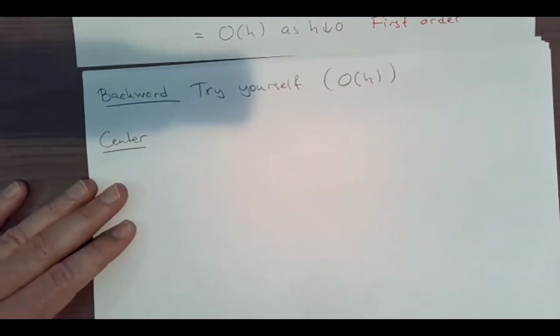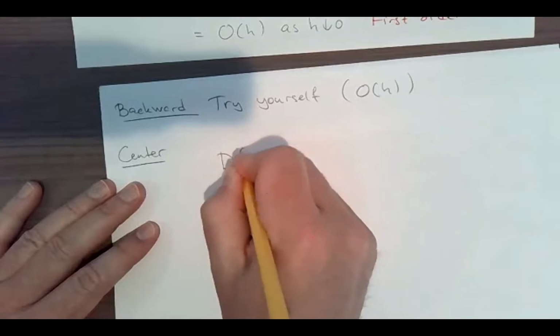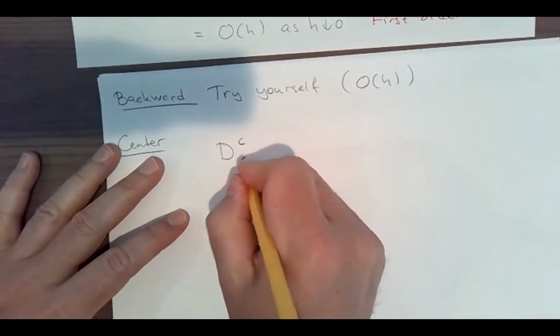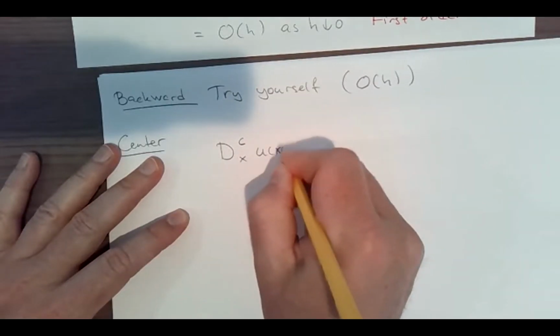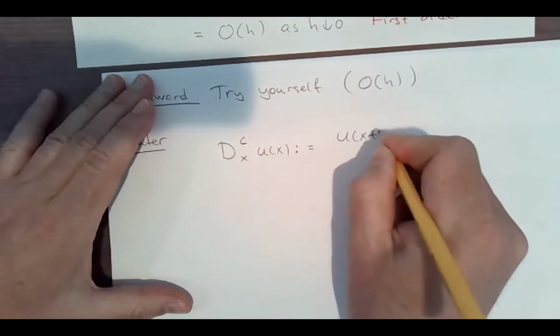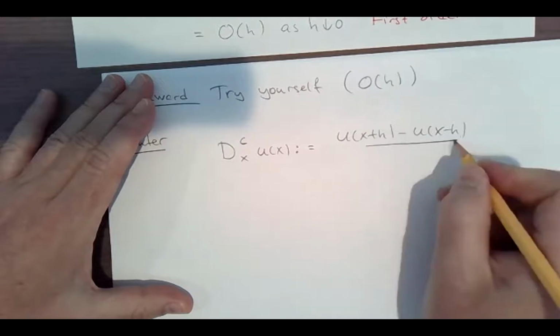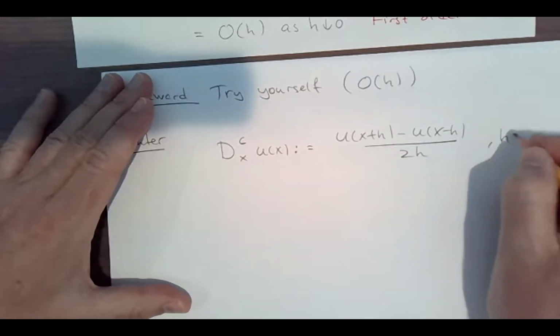Recall that the center was D c x of u of x, defined to be u of x plus h minus u of x minus h, divided by 2h. And again, h here is positive.